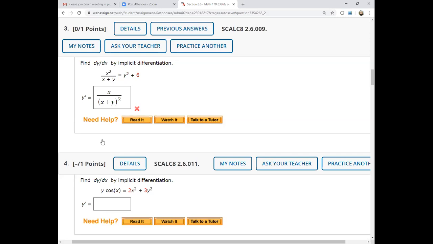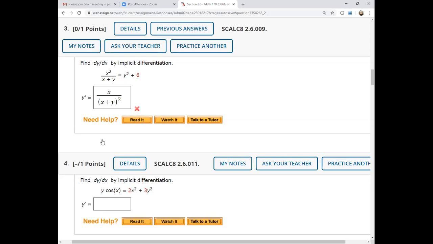Actually, I could, but let me try to keep negatives out of my life. So I'm going to leave the cosine x dy dx where it is, move the 6y dy dx, and move the negative y sine x.